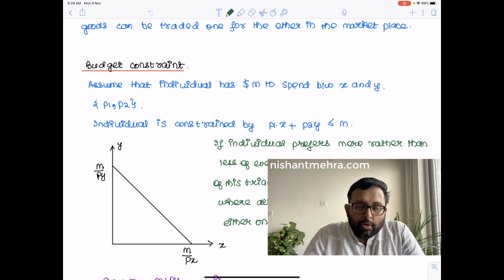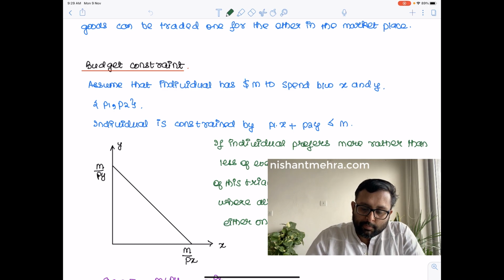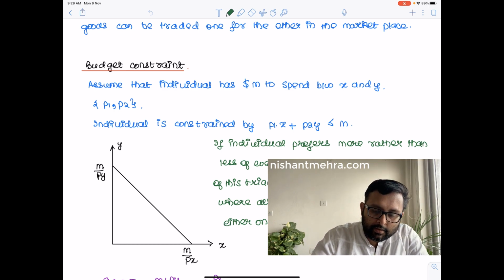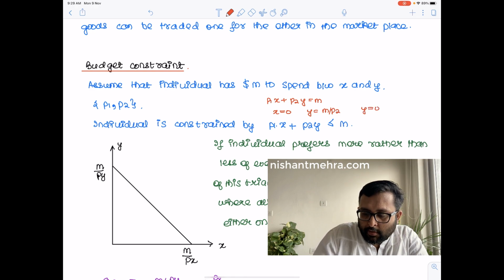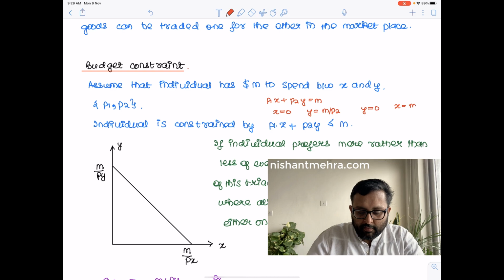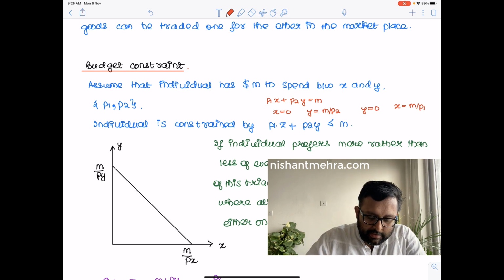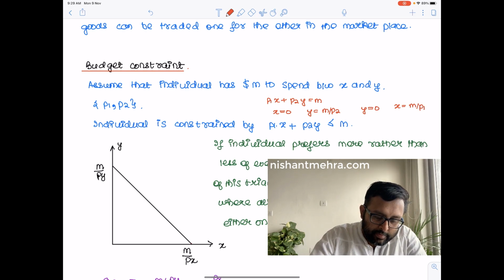Now the budget line is given by P1X plus P2Y equals M. So when X is 0, Y is M by P2, and when Y is 0, X is M by P1. So you have already derived these intercepts.